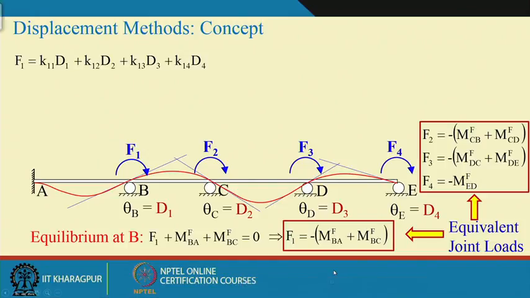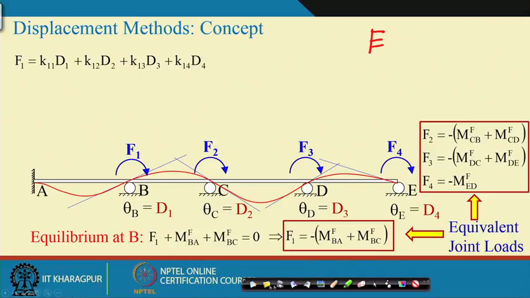Okay, let us write it first and then we discuss. Again, the stiffness definition was force is equal to k into displacement. Instead of u, let us write it as d, because that is the symbol we will be using now. F is equal to k into d.